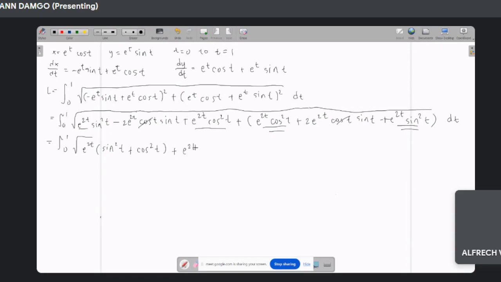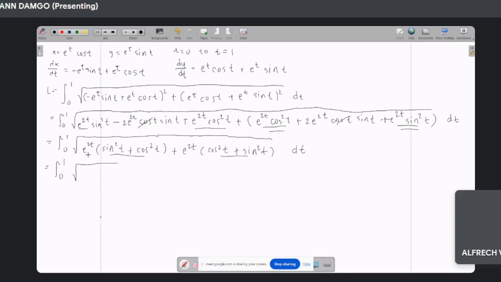So, we have e to the 2t times cosine squared t plus sine squared t, dt. Okay? So, sine squared t plus cosine squared t, this is 1. Okay, 1 ra ni, kamisad 1.